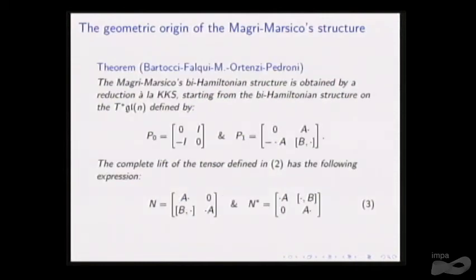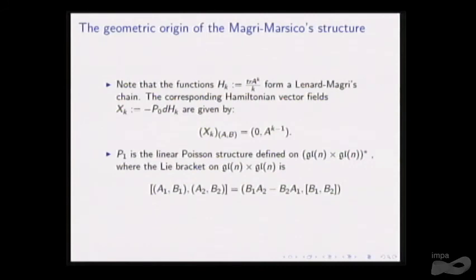P1 is this Poisson tensor here. It can be proved that this P1 is the linear Poisson structure defining the dual of GL_N Cartesian GL_N, where on this GL_N Cartesian GL_N you put this Lie algebra structure, this bracket. So this is just a semi-direct product.